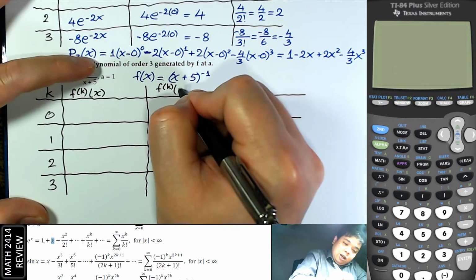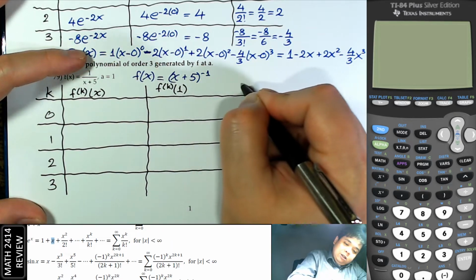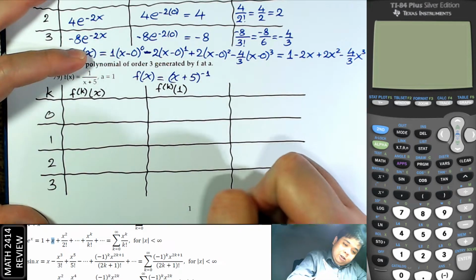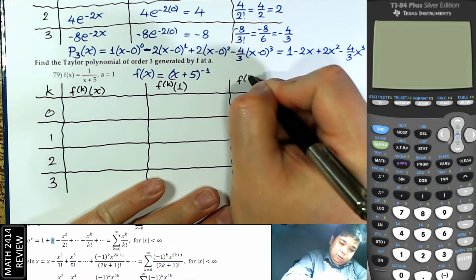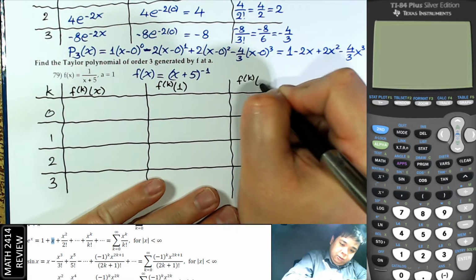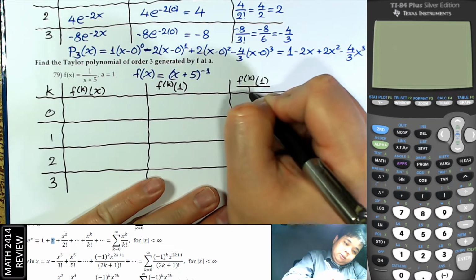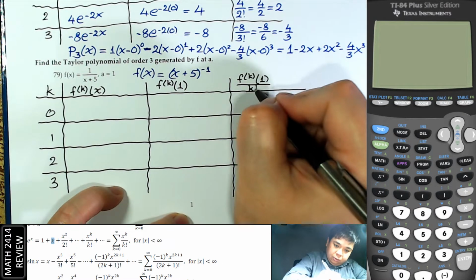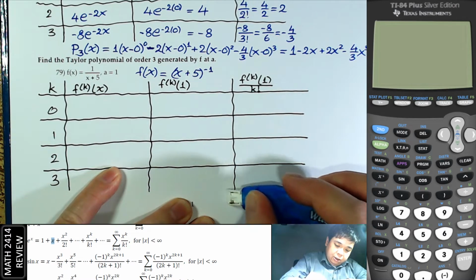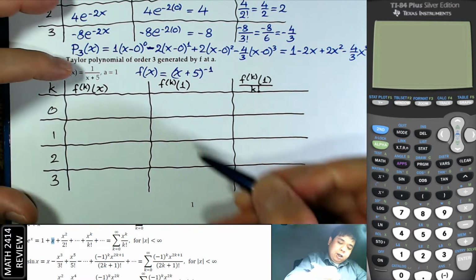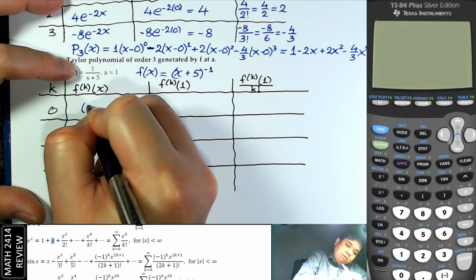Now this is centered at 1. Right. So the original function is x plus 5 to the negative 1.